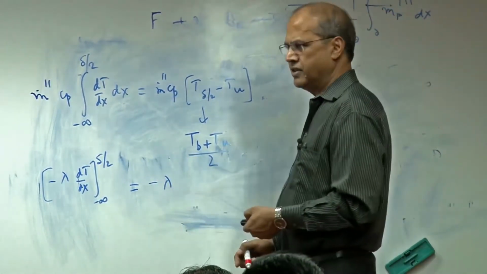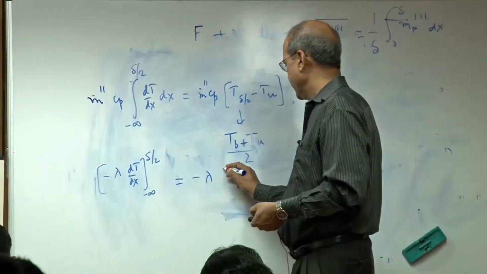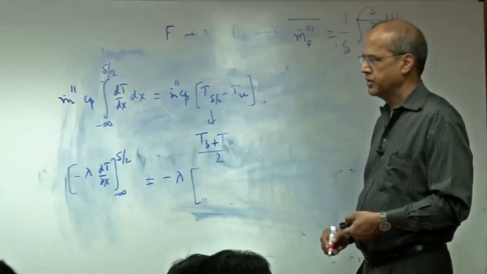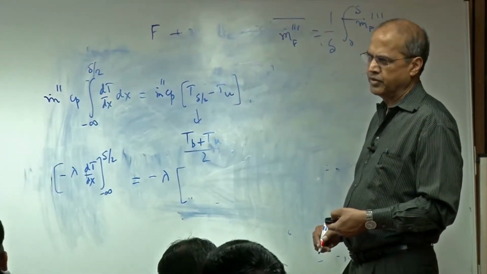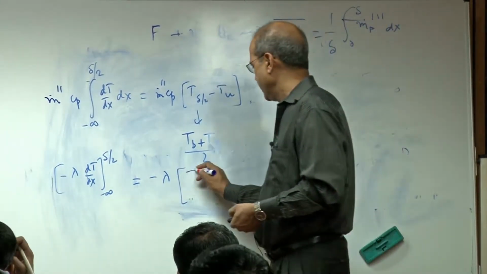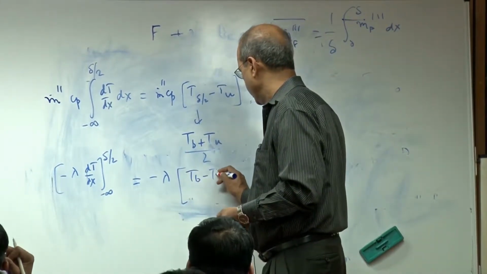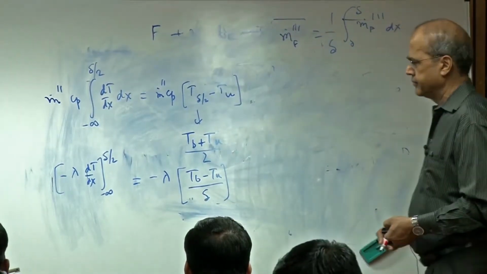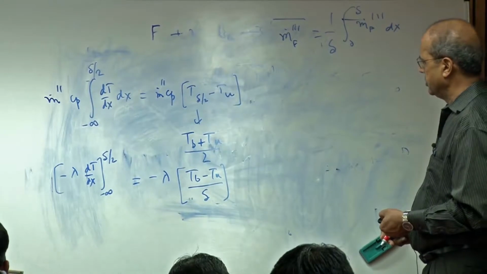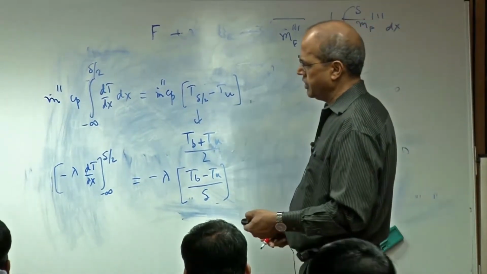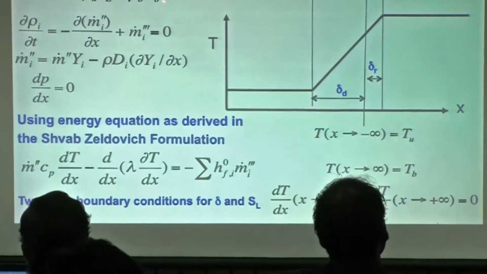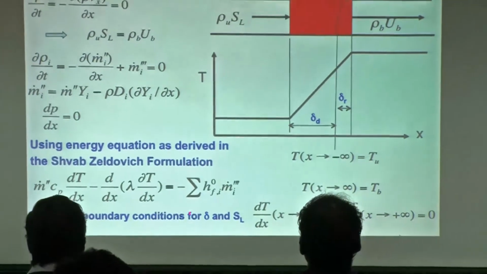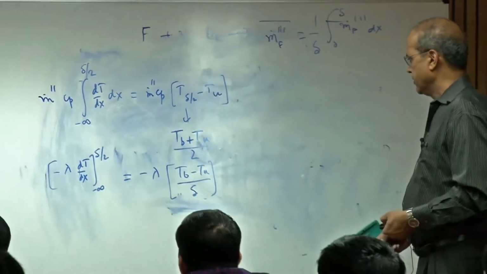So what is dT/dx? The model we are using is linear variation, so dT/dx will be (Tb minus Tu) divided by delta. So this is done, and this one is 0. We assume that the reaction rate from minus infinity to delta over 2 is 0. So we get a simple equation for the temperature.